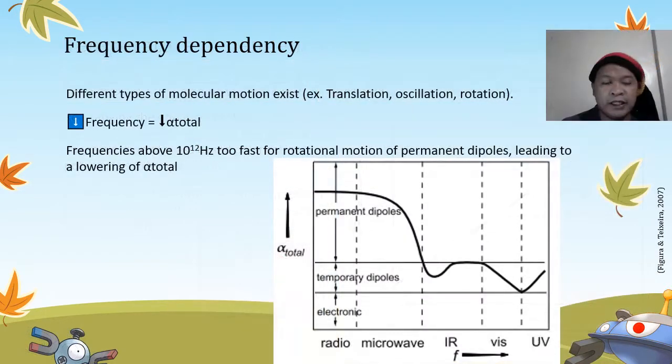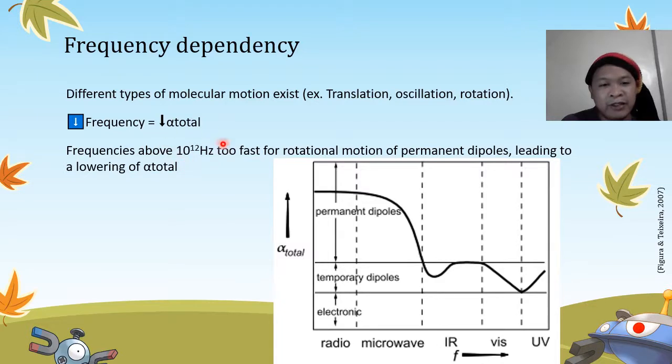Now for the frequency dependency of our alpha, the polarization potential would somewhat decrease with increasing frequency. As you can see here, frequency of course refers to the frequency of the electromagnetic waves. So why does that happen?